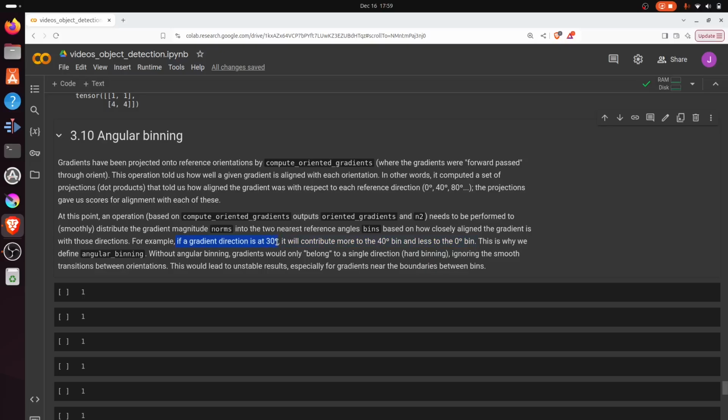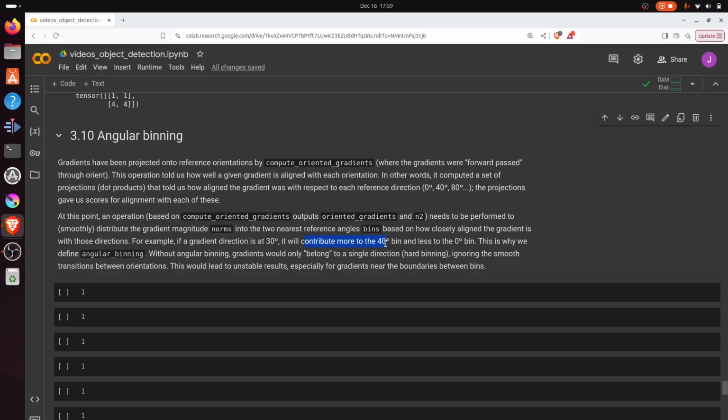This information is unknown a priori, but we can guess the angle based on the new score that we obtain in the angular binning. The score tells us the gradient is closest to 40 degrees and 0, so we suspect that the gradient needs to be in between, say, 20 and 40.